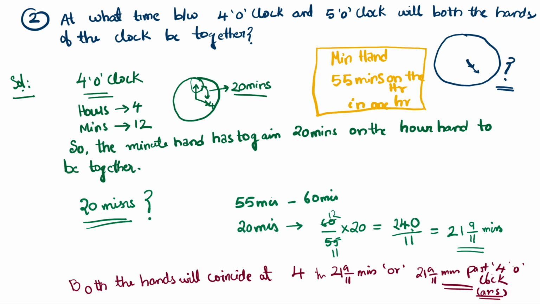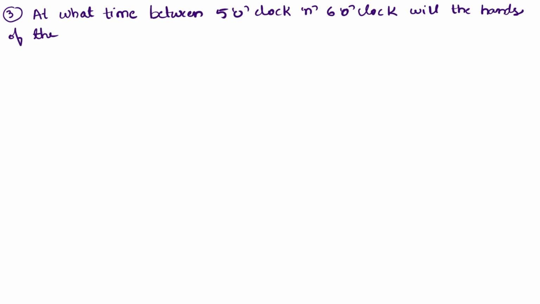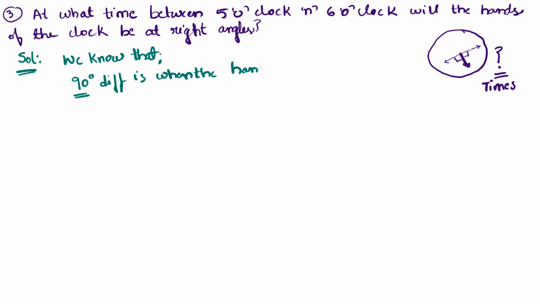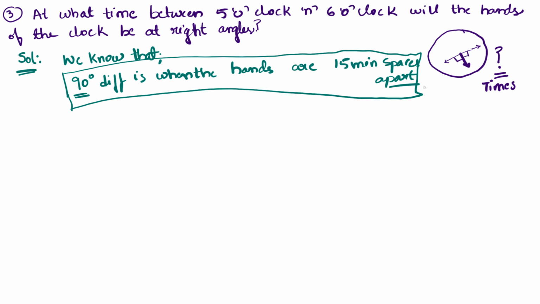Our next question says, at what time between 5 o'clock and 6 o'clock will the hands of the clock be at right angles? Now we know that this can happen 2 times in the same hour. And for the angle between the hands to be 90 degrees, we know that they have to be 15 minute spaces apart.